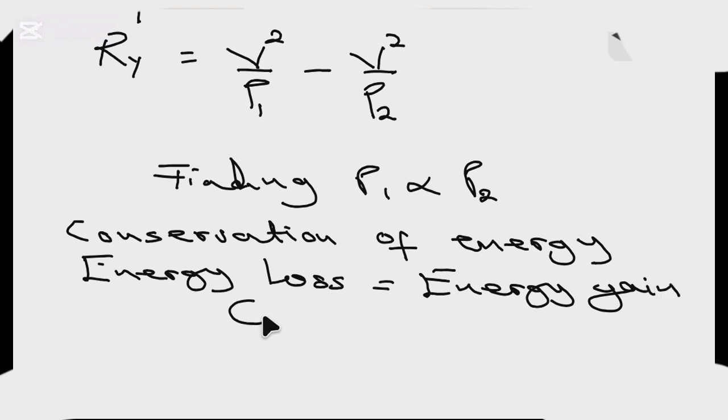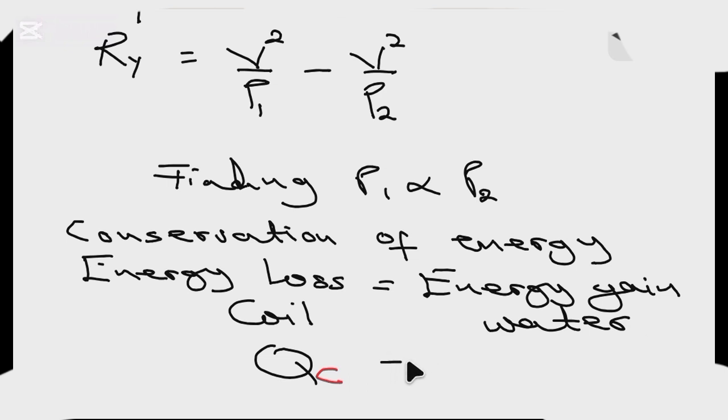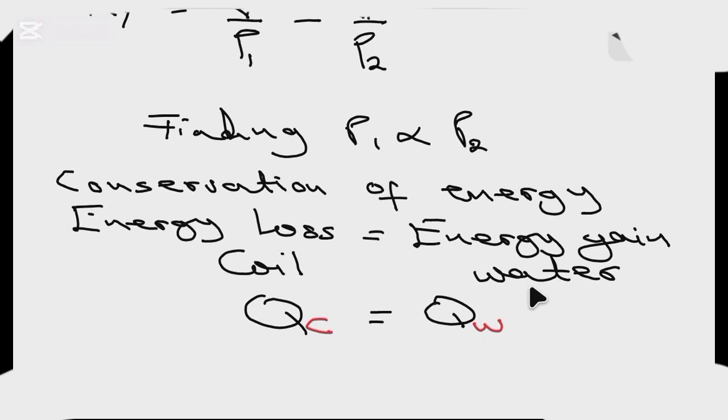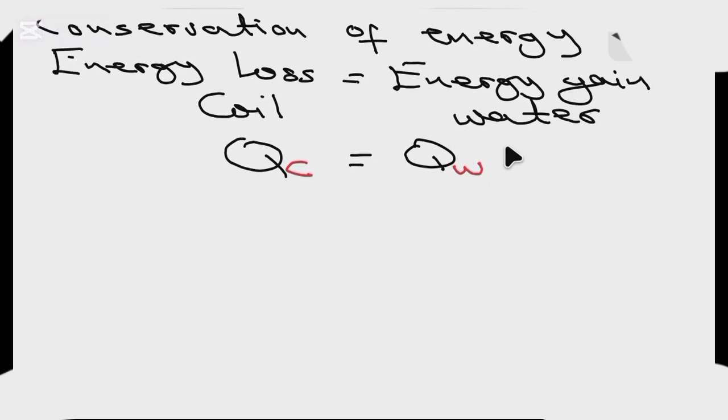Now we have the coil that was losing energy here, and then we have water that was gaining energy. So basically I can write QC as the energy lost by the coil, and then W as energy gained by the water.